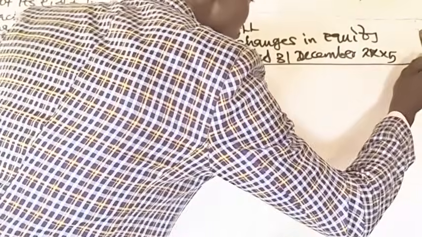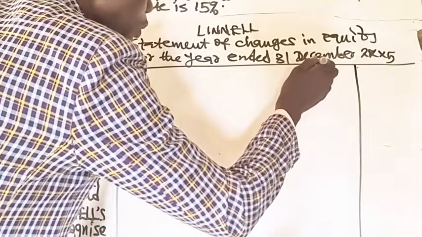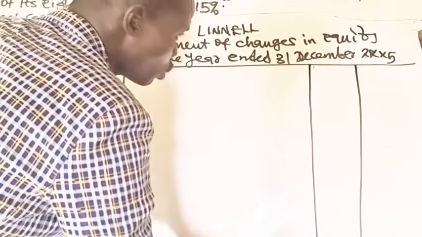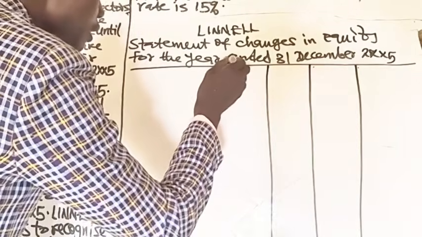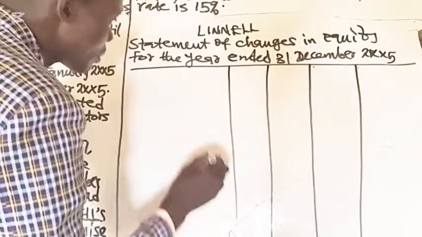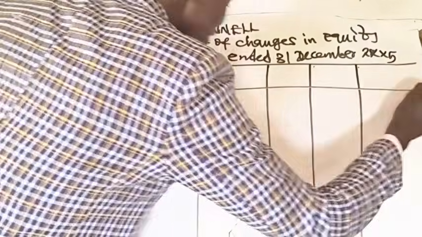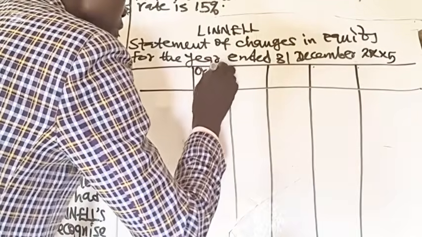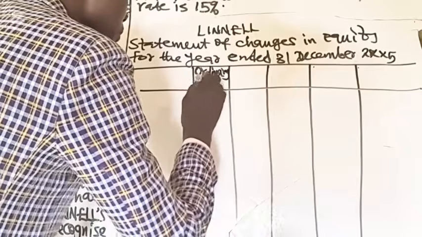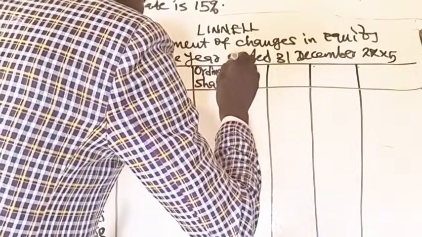Remember, we said we have 4 components of equity. So we rule 5 columns: 1, 2, 3, 4, and 5. The first item is ordinary share. The second item is share premium.